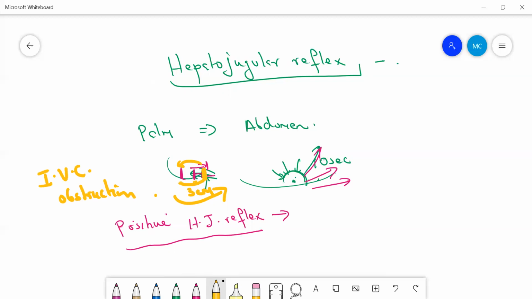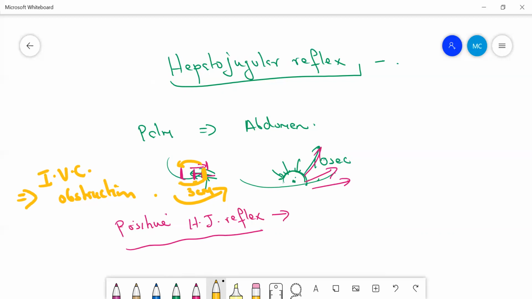If the patient is in the early stages of heart failure, it will move by more than 3 centimeters. But if there is absolutely no movement of the upper level of the JVP, then you might suspect that the patient has an IVC obstruction or hepatic vein occlusion. In these cases, the upper level of the JVP doesn't move.